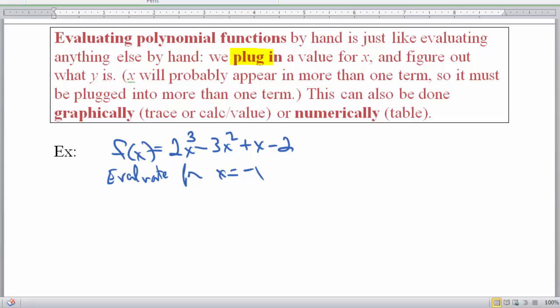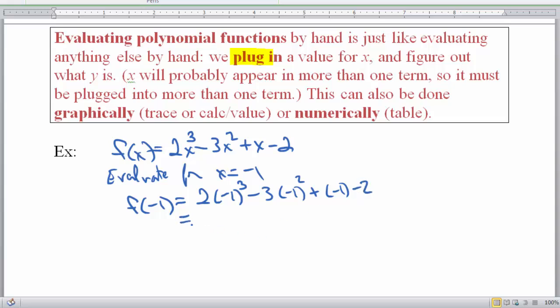So if I evaluate this function f of x for x equal -1, what am I really finding? Function notation-wise, I'm finding what we call f of -1, right? And again, it's just basically what I wrote in the box up there. You're just plugging in or substituting -1 for x. So you would write this as 2 times -1 to the third minus 3 times -1 squared plus -1 minus 2.